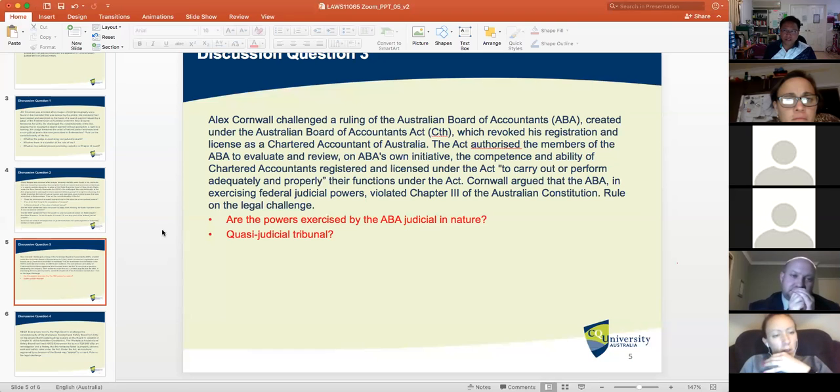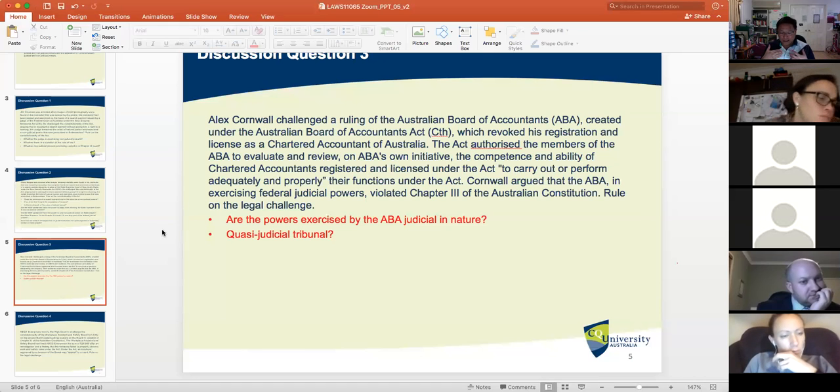So questions about evidence, if it's a question about was the evidence sufficient? That is actually a question about merits. So assuming that the ABA made a decision that revoked the license of Alex Cornwell, that leads to an actual controversy.